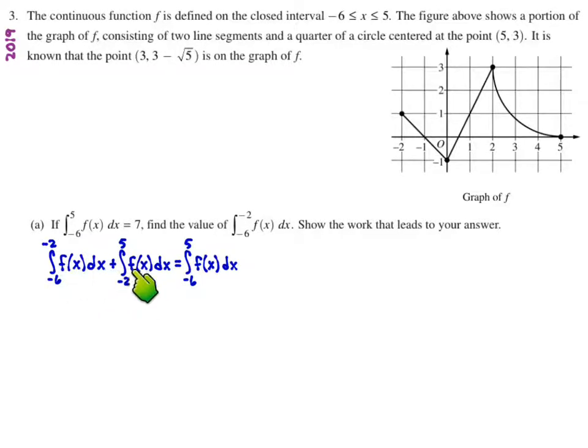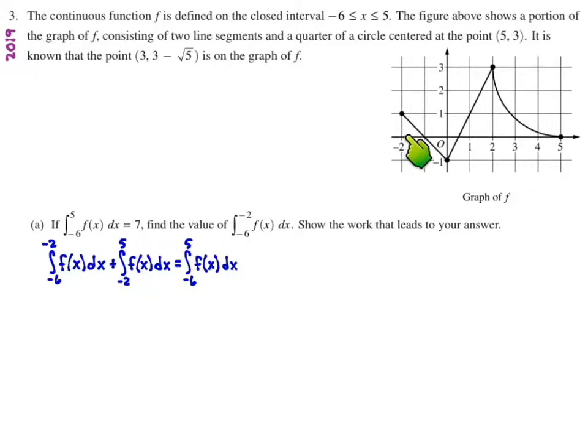The integrands are the same, so we can add those up, eliminating that middleman, so we have the integral from -6 to 5. So I have this equation, and I know that the integral from -6 to 5 is 7, and I'm looking for the integral from -6 to -2. So I've got to figure out the integral from -2 to 5.